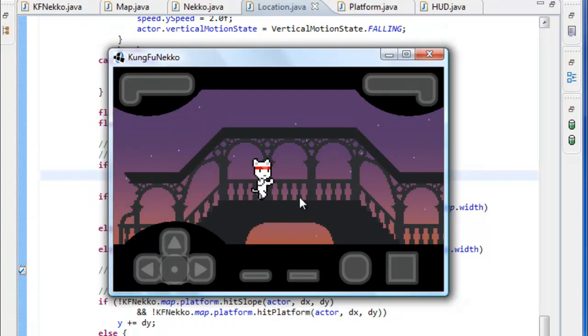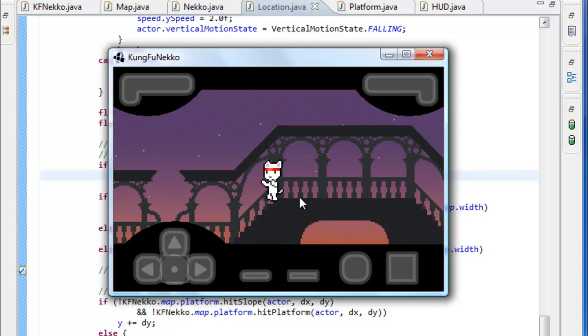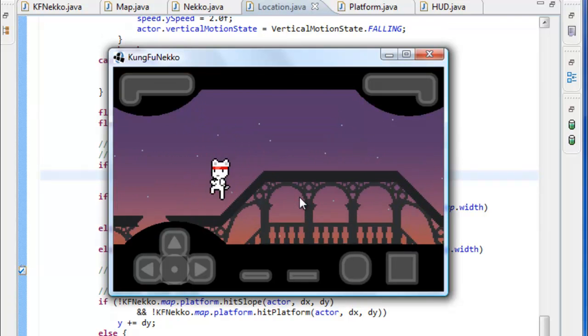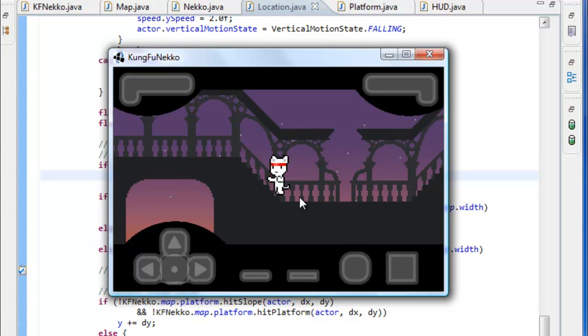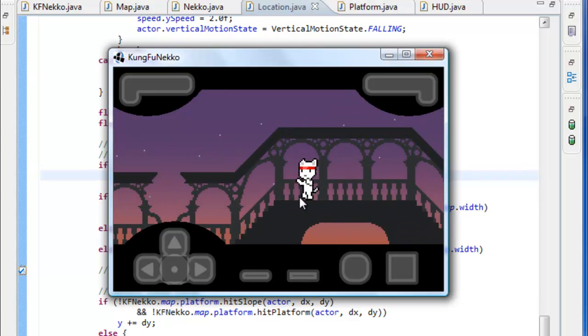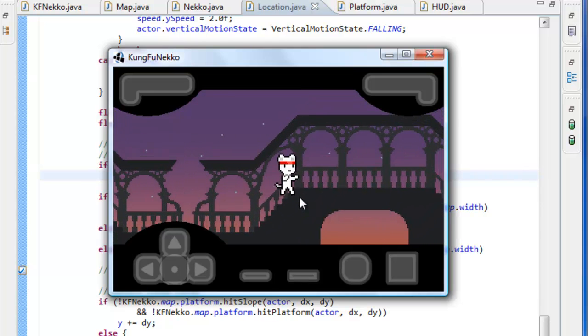It's not game breaking, so it's not too bad. And I guess this is the price you pay for not using Tiled. There's got to be a better way of doing this. I mean, the way I did it is the naive way of doing it, but hey, it works.